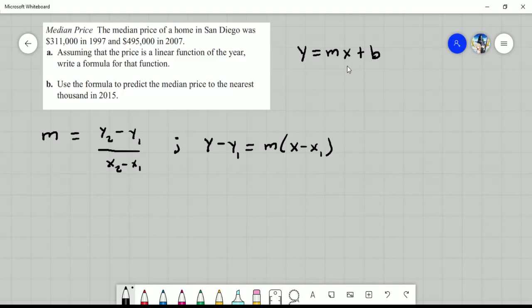So that's why we will use the literal year 2015 to plug in for part B in order to find that median price, and not however many years came after 1997 to get 2015. So once you plug in that actual year 2015 for x for your linear function, that will give you your predicted median price for that year for the house in San Diego.